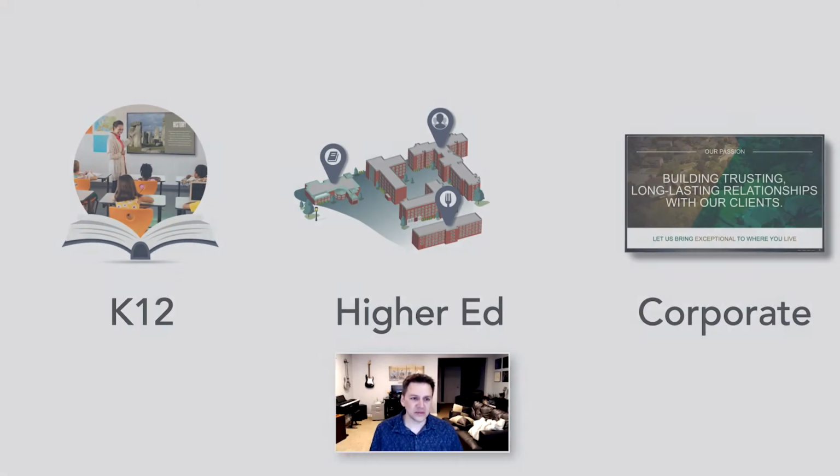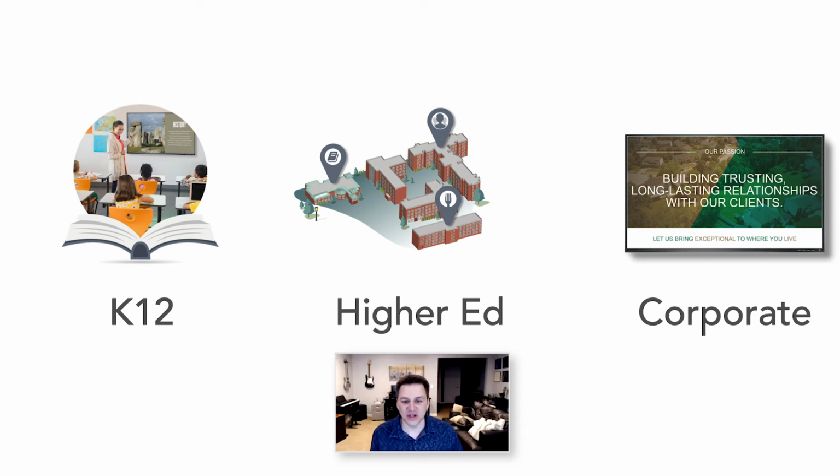And so for us, there's really three key markets that we really focus on. We're certainly in many other markets, but we find that our story and the tool set that we've created lends itself really well to the K-12 education space, to the higher education space, and to the corporate communication space.